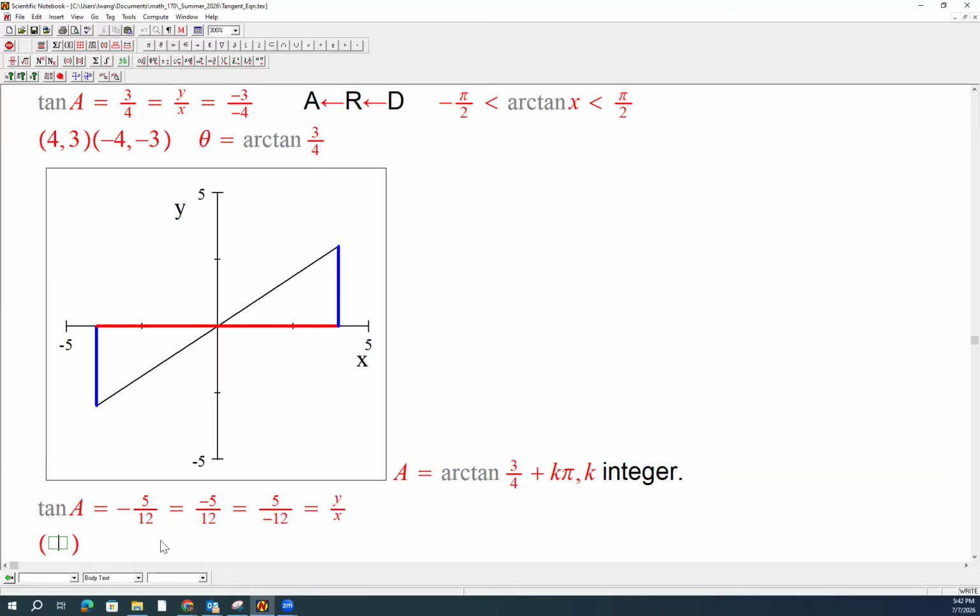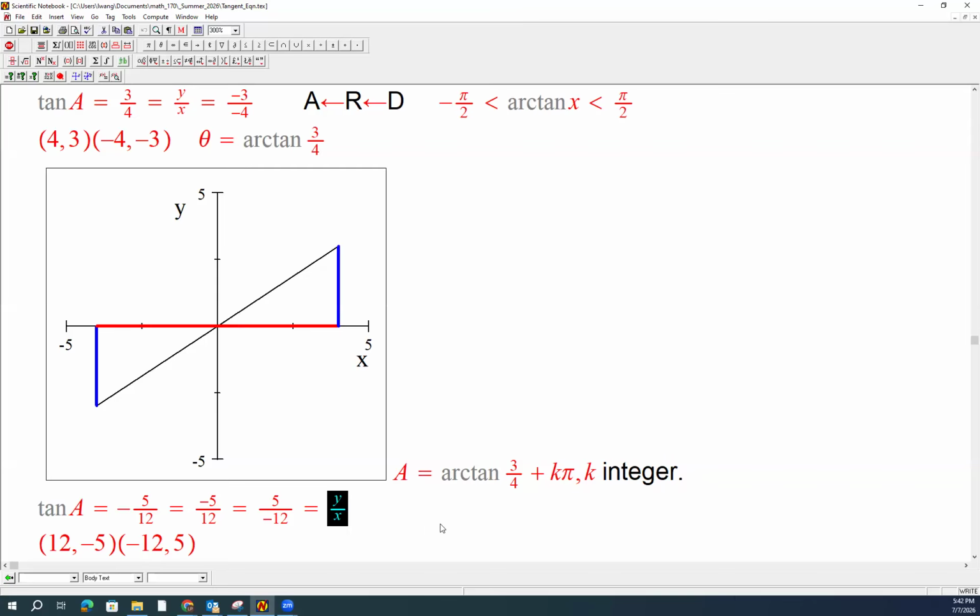So one possibility would be y is negative 5, x is 12, so 12 comma negative 5. And the other one would possibly be negative 12, positive 5. So these are the two possible x comma y.